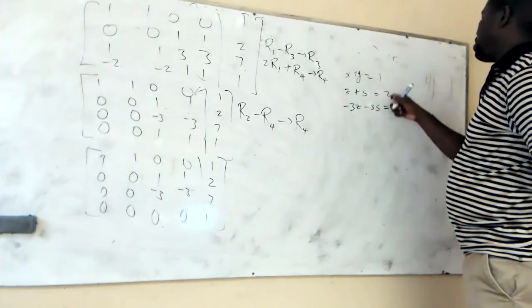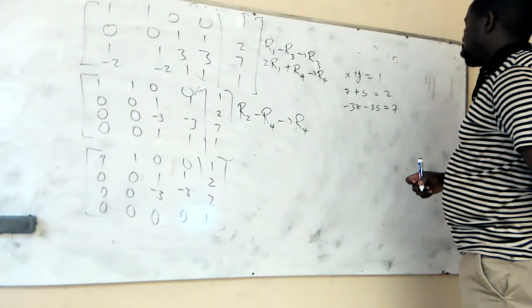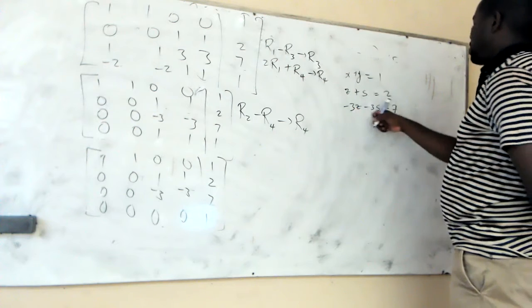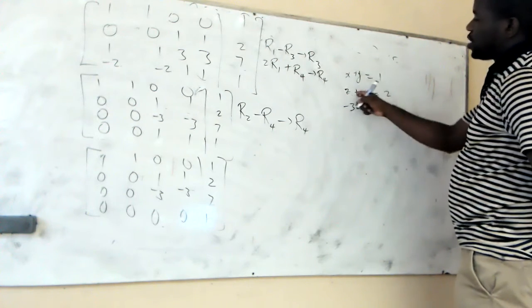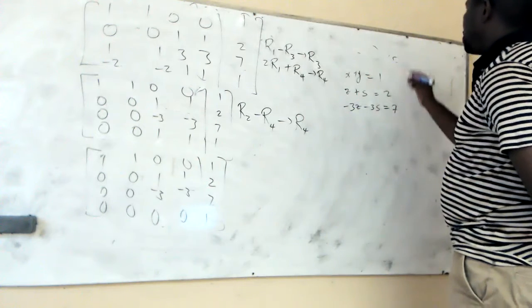This equation is the same. Yes, if we divide by negative 3, we're going to have z plus s equal to different values. But it's okay.